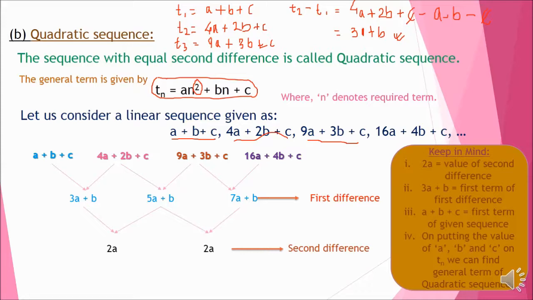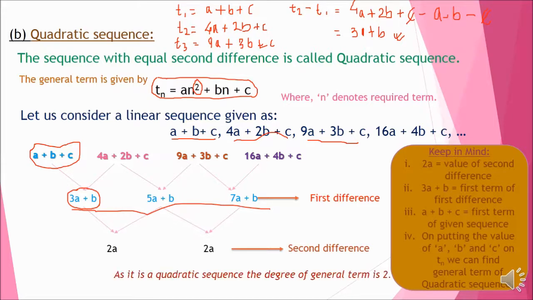And a plus b plus c is the first term of the given series. After finding the values of a, b and c, we can put them in Tn, and then we can easily find the general term for a quadratic sequence.